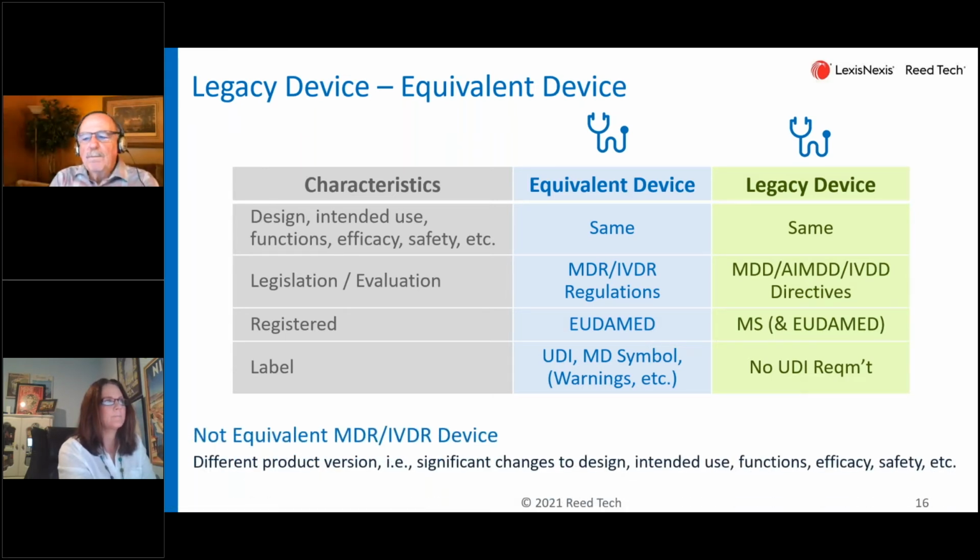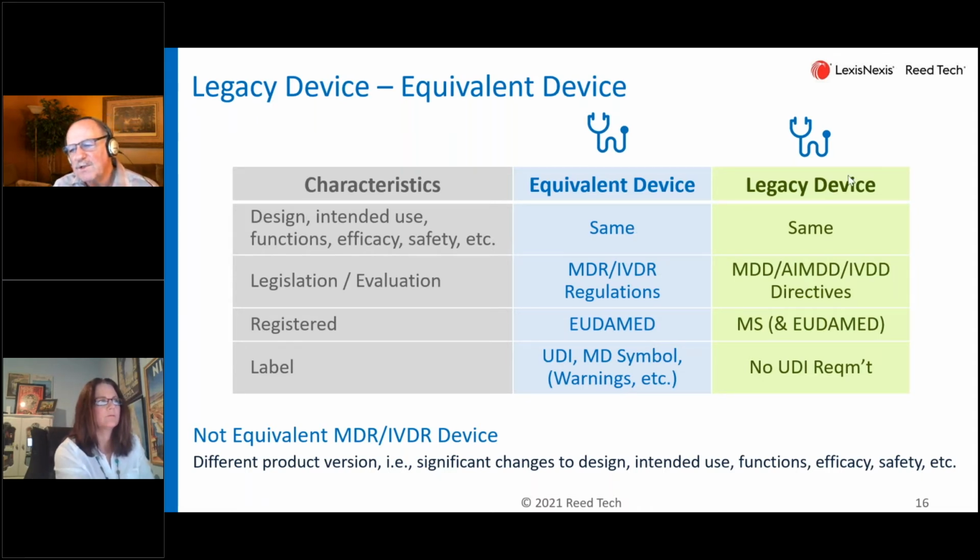Now, we also need to understand what is not an equivalent device. So if your product had a number of significant changes that we alluded to earlier, and now it's a different model or different version than your legacy device, then you can no longer call that particular instance an equivalent device. So that is a brand new product that needs to be evaluated under the MDR.